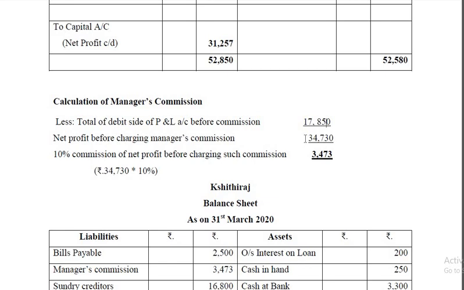The difference what you get is 34,730. The total is 52,580 minus 17,850. So you will get 34,730. On that you are calculating 10% commission, that is 3,473.